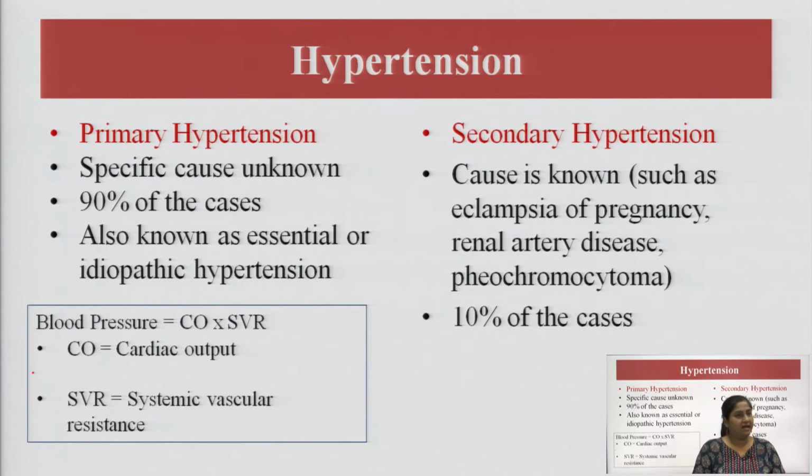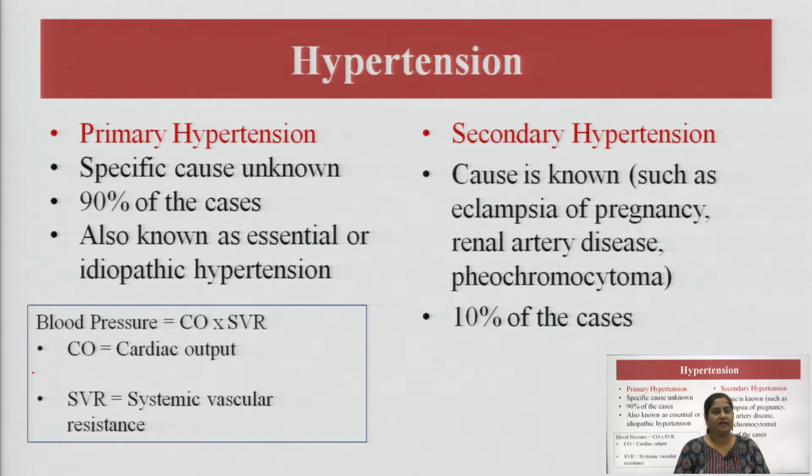And the second is called secondary hypertension, that is when the causes are known. That means it happens because of some associated health problem, and it started later on with some associated conditions. So, there are some conditions like eclampsia of pregnancy.